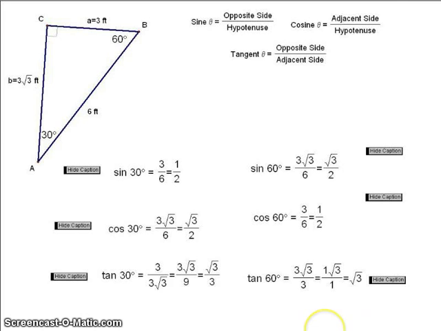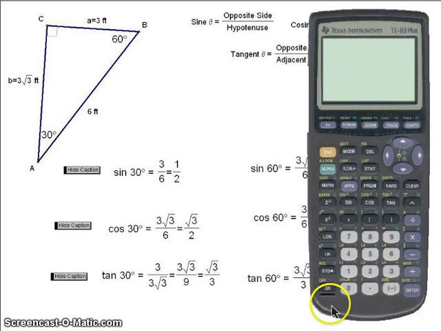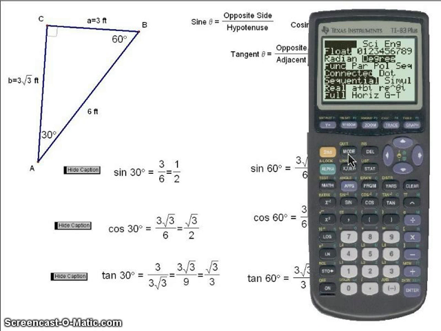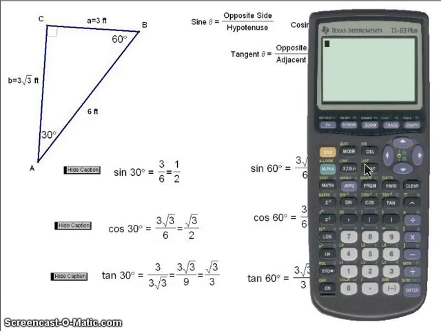Before I do inverses, this might be a good place to stop, but I do want to show you, before we move on to the next video, how to confirm this on the graphing calculator. Again, press the mode button and make sure you're in degree mode because I'm going to be working in degrees. Then second quit to get back to the main menu. Let's just test some. Because sine and cosine are complementary, you could type in the sine of 60 degrees and get an answer, an irrational number, about 0.87.